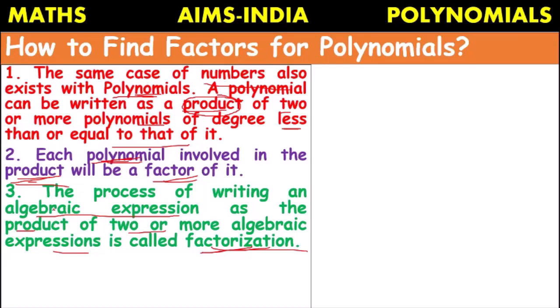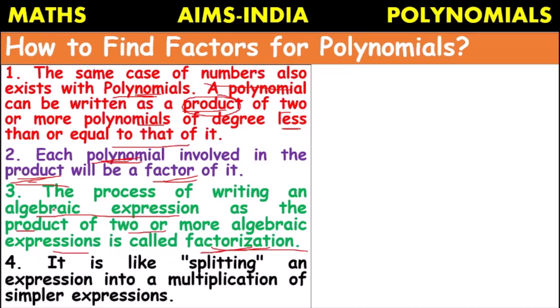It is like splitting an expression into a multiplication of simpler expressions. If a complex expression is split into a multiplication of simpler expressions, then all the terms in that multiplication are termed factors of the given polynomial.